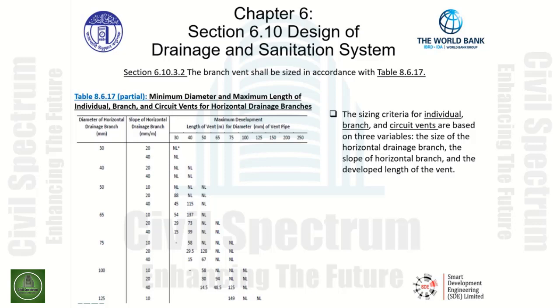And then the last column gives us, in the lower area, the maximum developed length of the vent in meters, and across the top, again, just like the other table, gives us the minimum diameter of the vent pipe in millimeters, ranging from 30 millimeters all the way up to 250 millimeters.